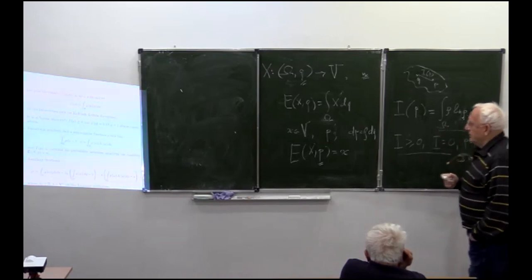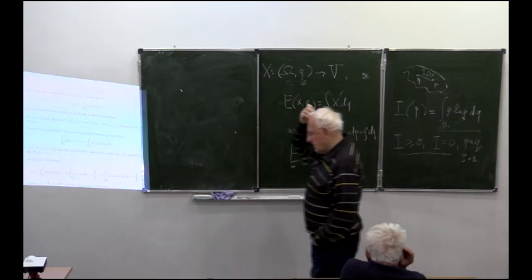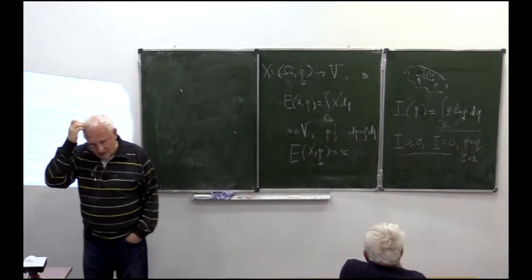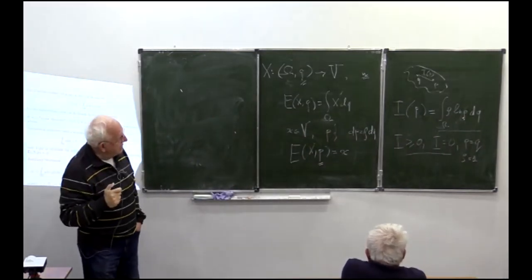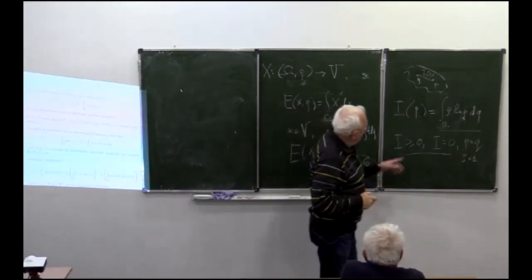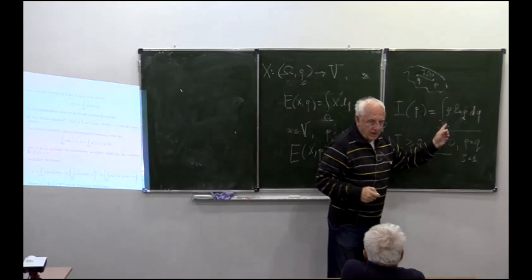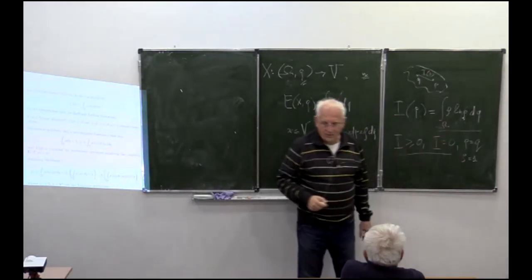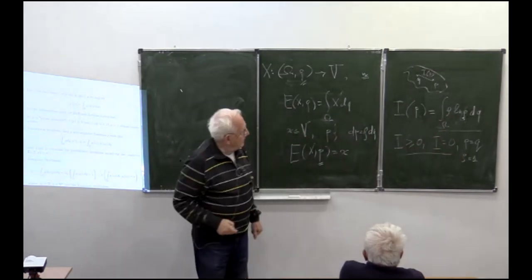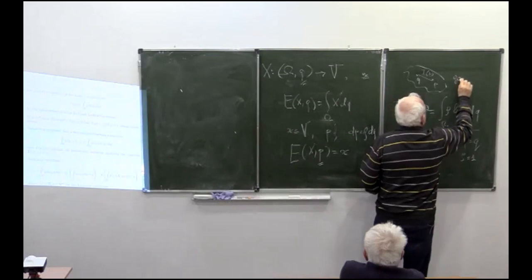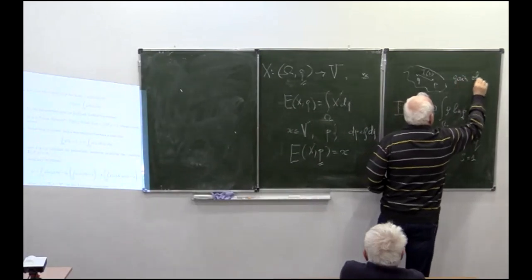There are a lot of names for this I. There is a term called relative entropy, but in entropy you should put a minus here, and you have no such conditions for entropy really. So what they call it is the gain of information.